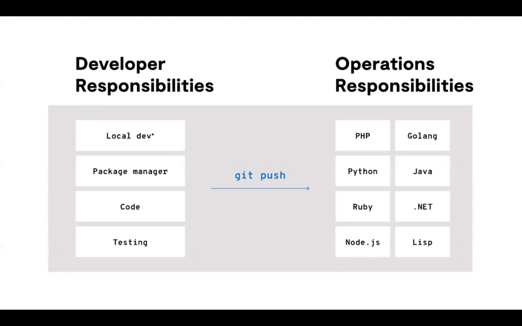So let's extend that a little bit more. The developer responsibilities on the left have stayed the same, but I've changed the operations responsibilities to indicate that some of those responsibilities, especially building the application, package manager, even some of the infrastructure considerations, are in fact highly dependent on what language and stack is being developed on.